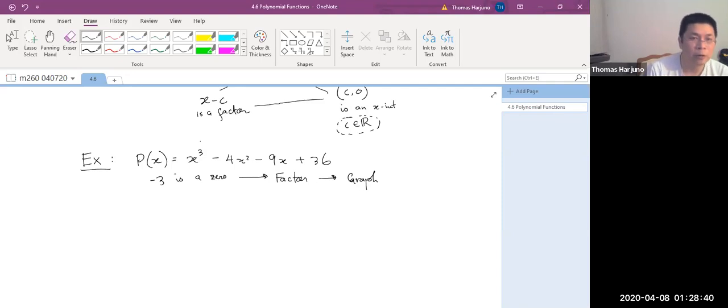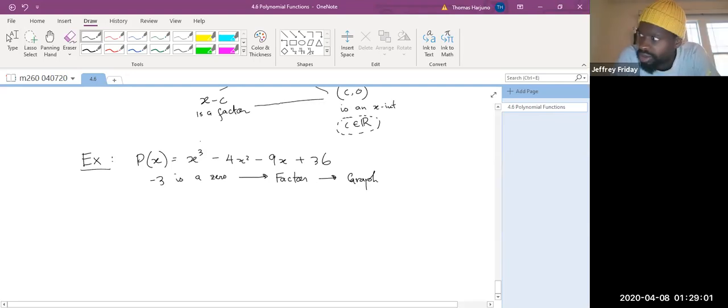According to the fundamental theorem of algebra that we'll see very soon, the number of zeros a polynomial should have is equal to the degree. So if the degree of that polynomial is 3, then that polynomial must have 3 zeros, including complex zeros.